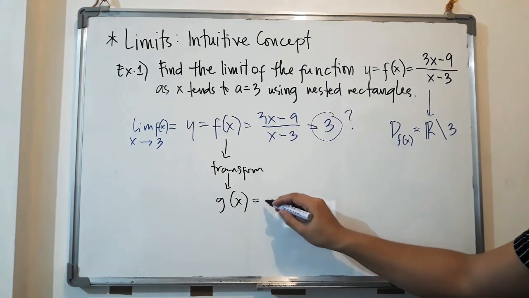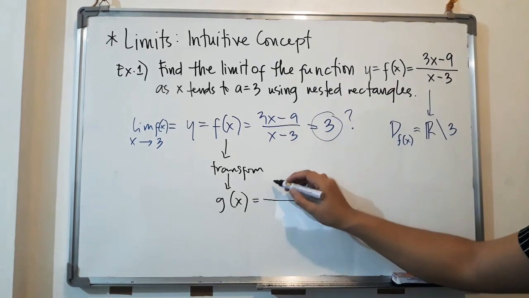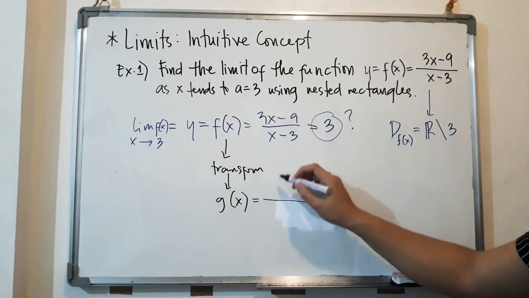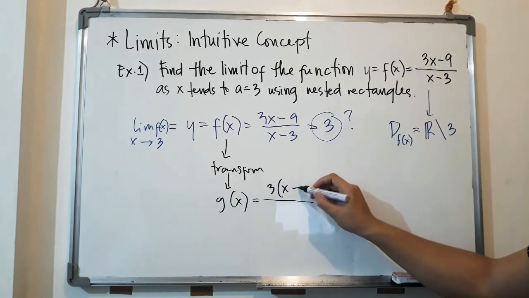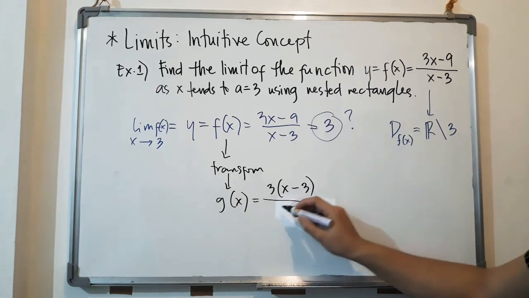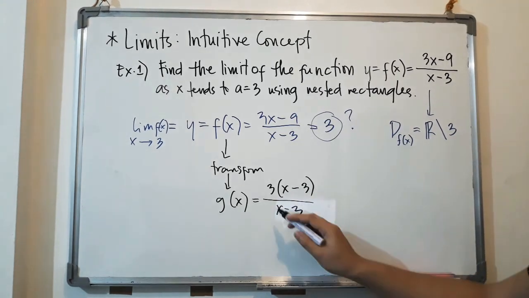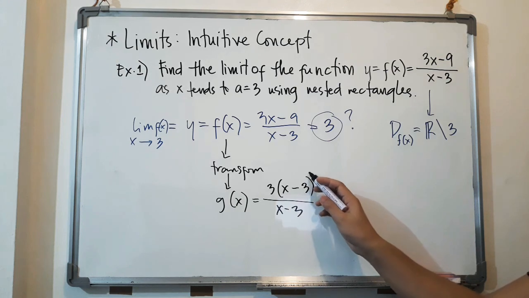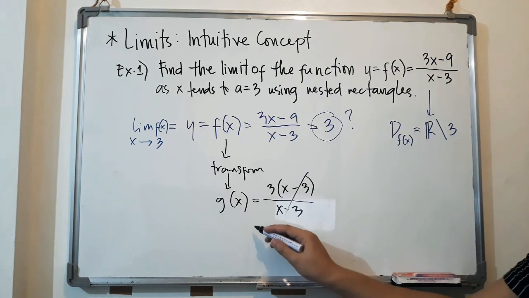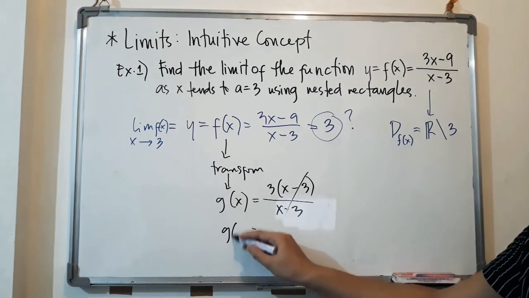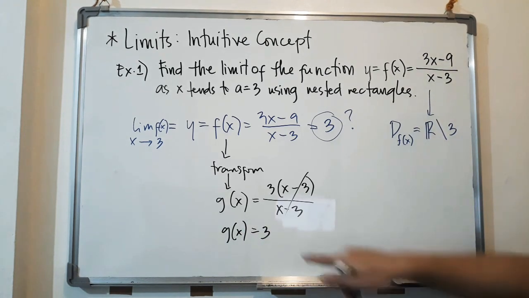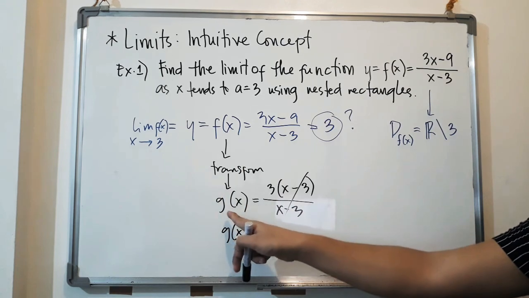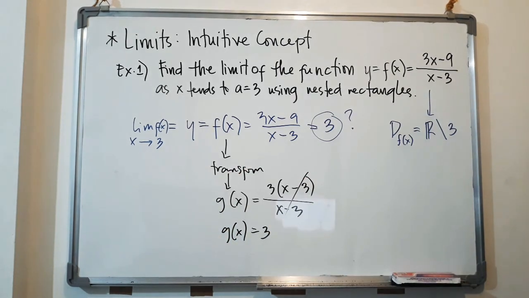To transform this, we factor out 3, then we have x minus 3 over x minus 3. Okay? Then that is equal to 1, and so g of x is equal to 3. So this is a transformation, g of x is a transformation of the function f of x.